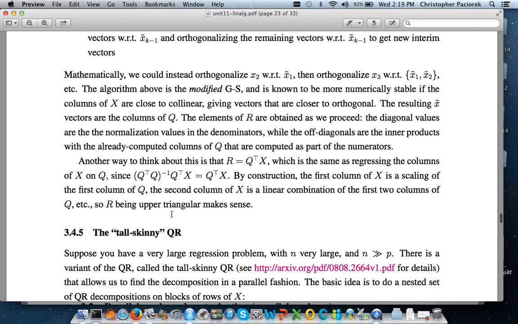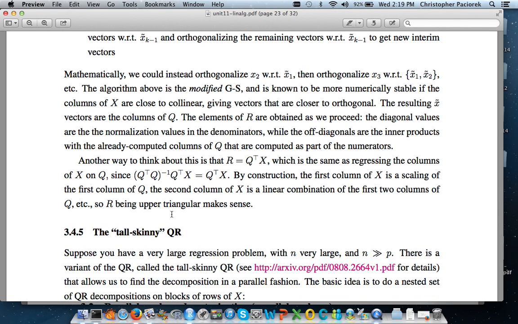Another way of thinking about this is if I think of my X matrix as a response matrix with a bunch of Y columns, a bunch of observational columns, I can think about regressing the X, considered as observations, on Q, and that gives me the R's.